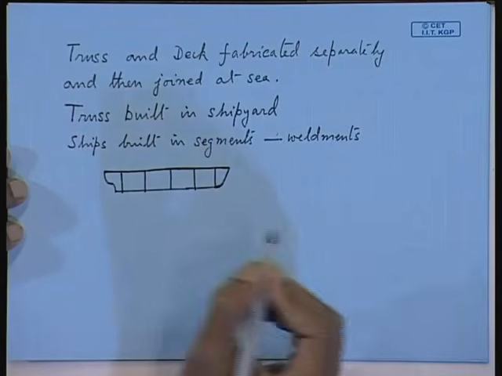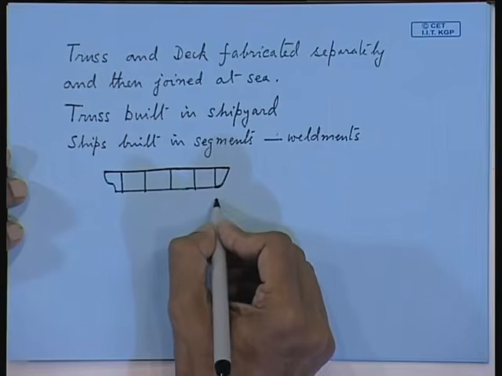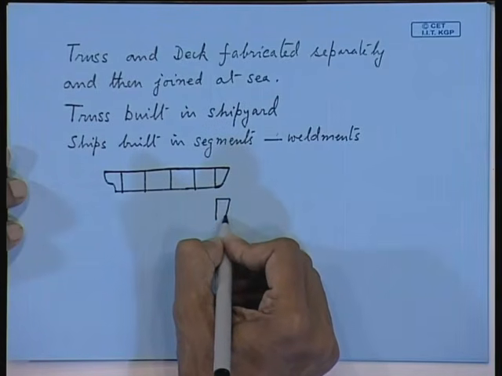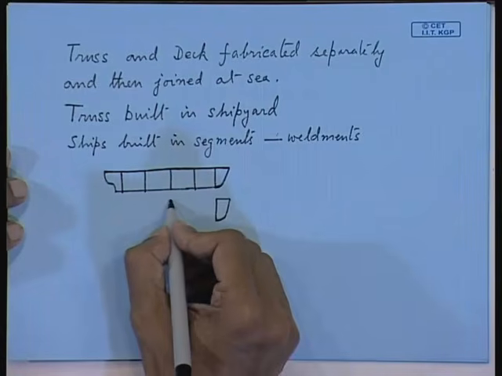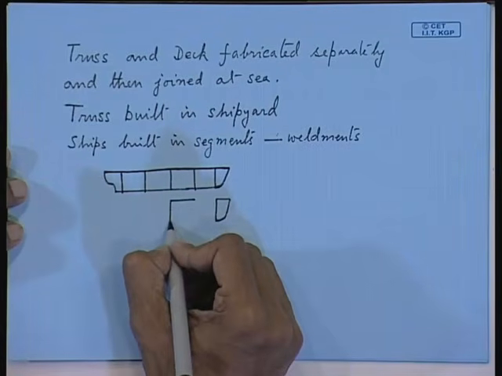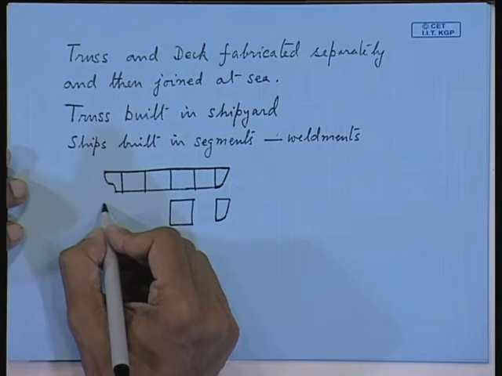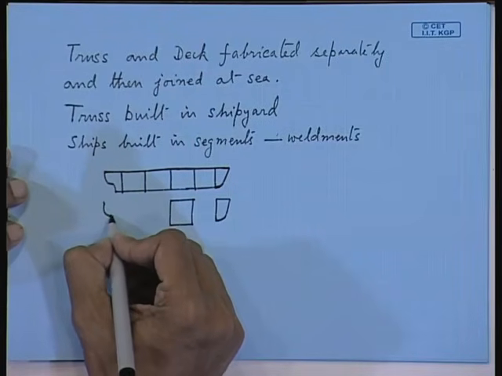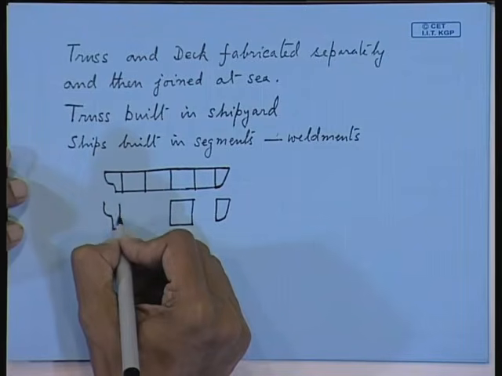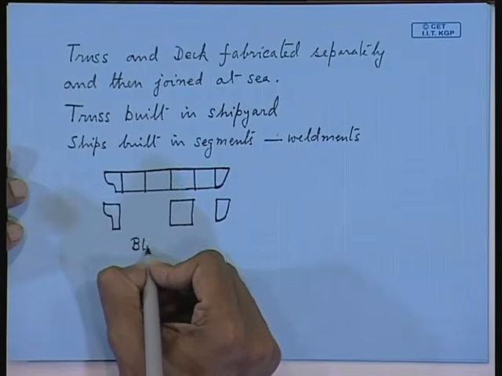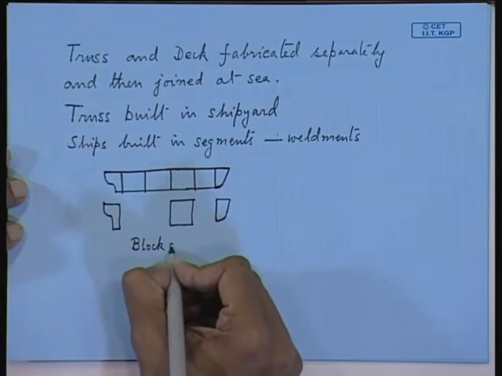Like this, and then you build, say, the forepeak separately. Say this is one hold, a hold assembly is done like this. So, these are the various blocks that are built. This is called a block assembly.